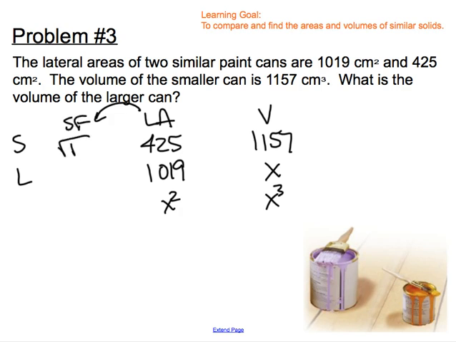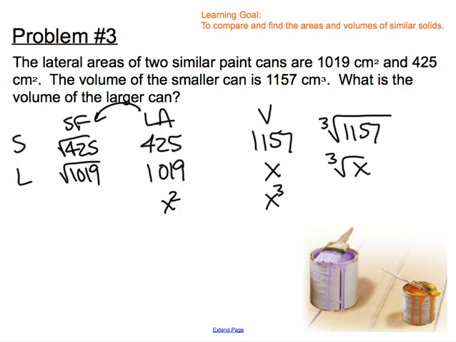So I would have the square root of 425 on top, and on the bottom the square root of 1,019. As far as volumes are concerned, I have the cube root of x and the cube root of 1,157. Now these are also in scale factor terms.